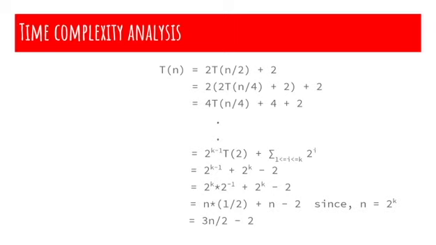Since we can simplify this as 2 to the power k into 2 to the power minus 1 plus 2 to the power k minus 2, as told earlier, the value of n is 2 to the power k. The equation can be further simplified as 3n divided by 2 minus 2.